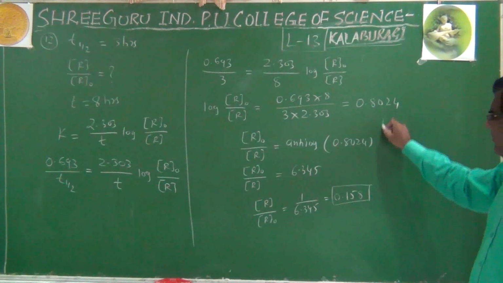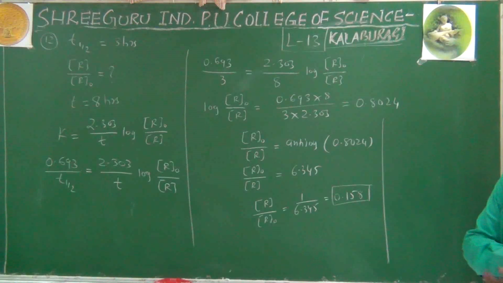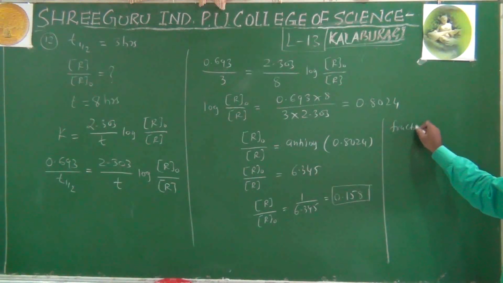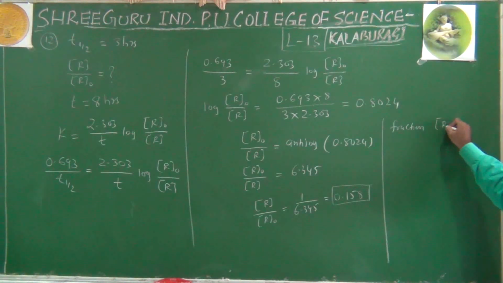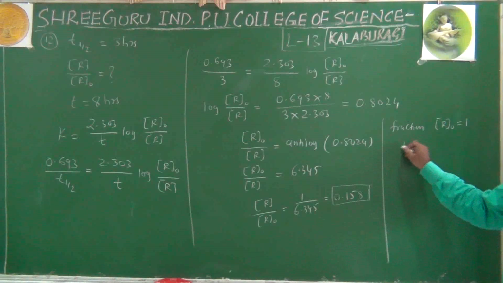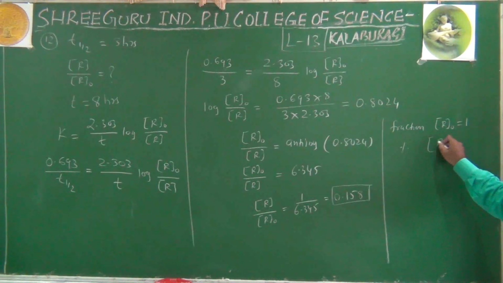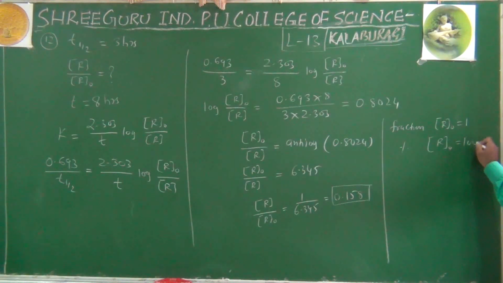You have to remember one important thing in this type of questions: when they use the word fraction, R0 has to be considered as 1, and when they use the word percentage, R0 is to be considered as 100.